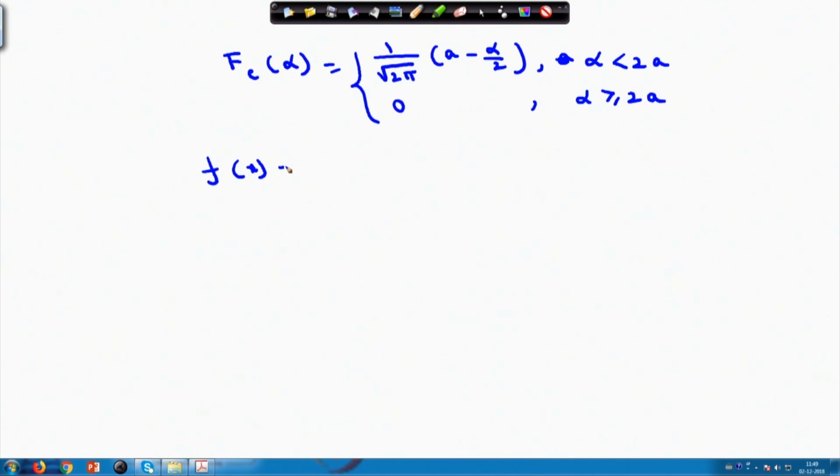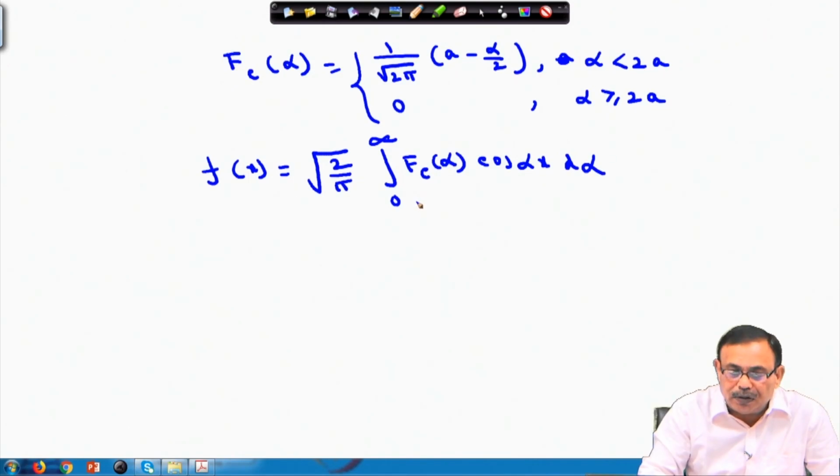Your f x is equals to, from the definition, root over 2 by pi, 0 to infinity, Fourier cosine transform of alpha into cos of alpha x, integration will be on d alpha. So, after putting the limits, this will be a function of x only. So, once I am writing this using the inverse Fourier cosine transform, please note that.